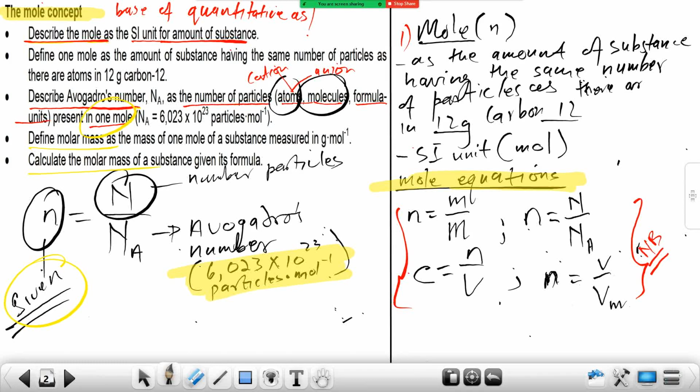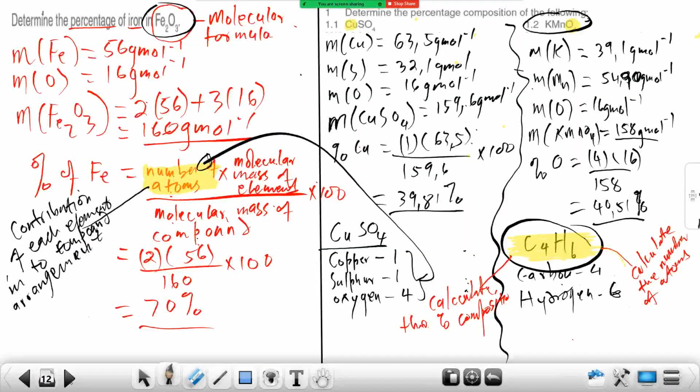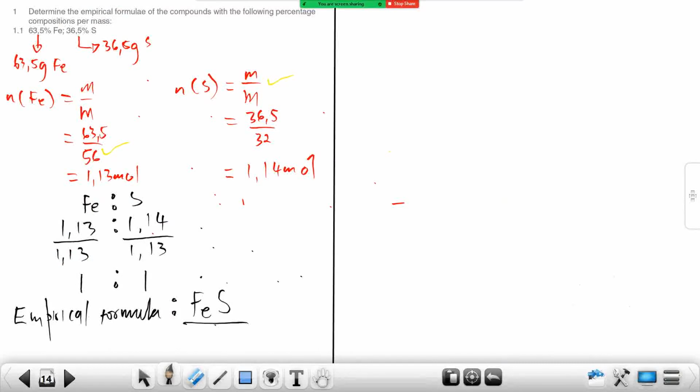Yes, sir. So now it means depending on the information that is given. It does not necessarily say if I am now given concentration, I will not be able to get the number of moles. But the first step in that empirical formula is obtaining the number of moles. How you get the number of moles will be determined by what information you have. Remember, the question we are currently working with, we are given the mass.